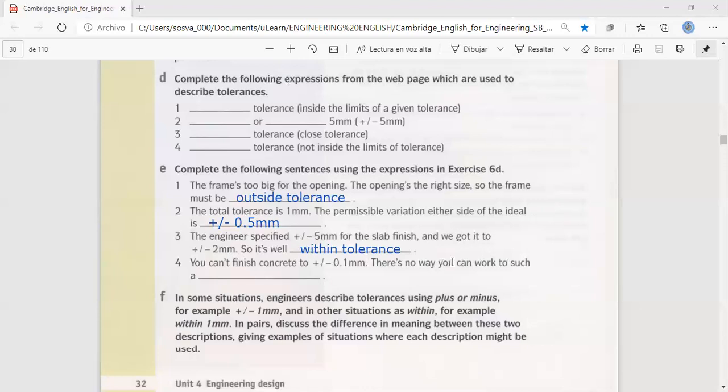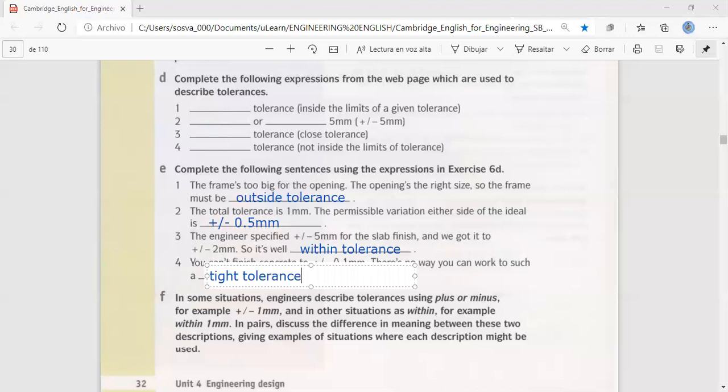And finally, 4. You can't finish concrete to plus or minus 0.1 millimeter. There's no way you can work to such a tight tolerance, right?